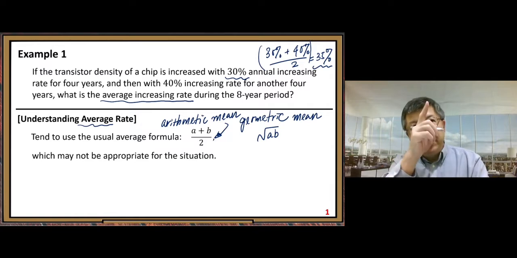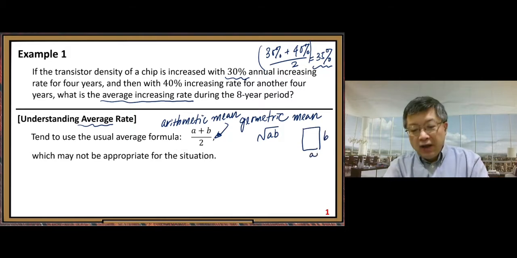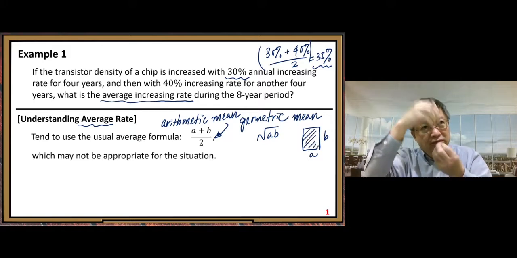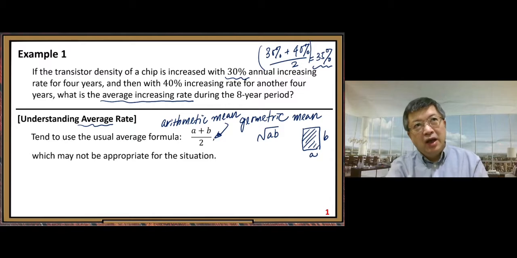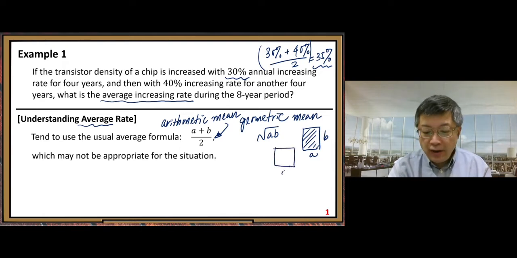given a fixed area of a rectangle, A and B. The area is fixed. You cannot change the area, but you can change the dimension of the rectangle. Now you want to average the dimension, make the dimension equal, a square with side x, but with the same area.